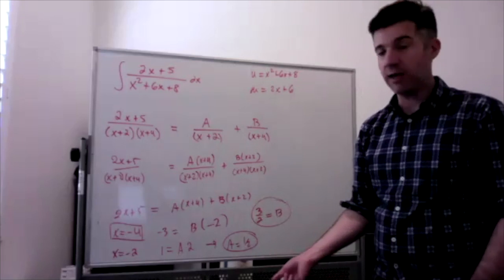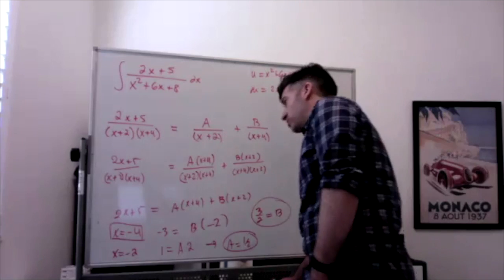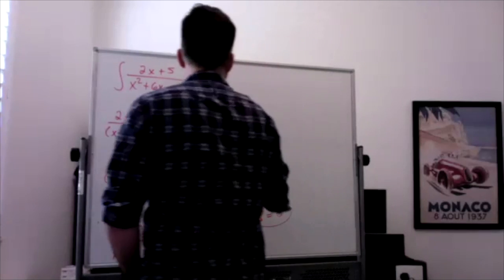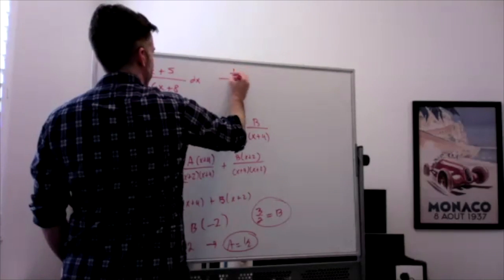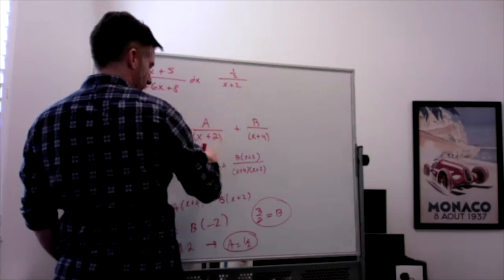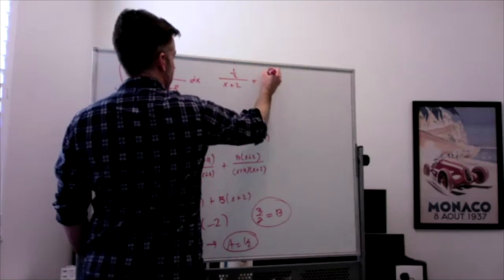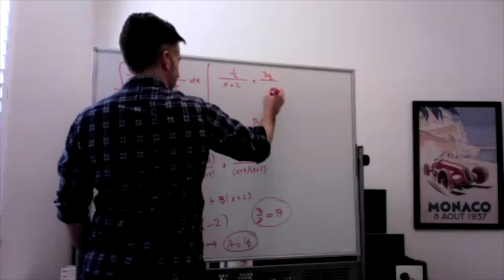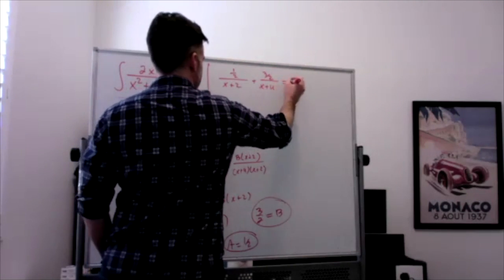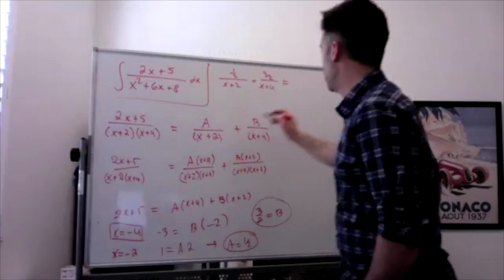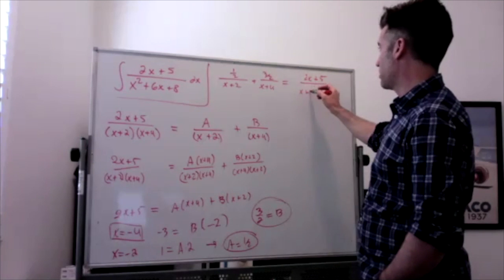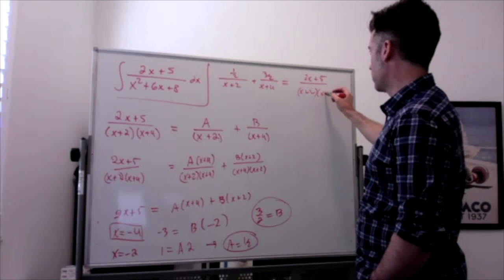So it is in fact true. I really want you guys to see this: 1/2 divided by x plus 2, which is a over x plus 2, plus 3/2 divided by x plus 4, this really is equal to 2x plus 5 over x plus 2 times x plus 4.